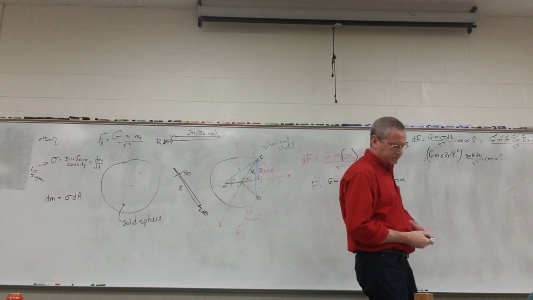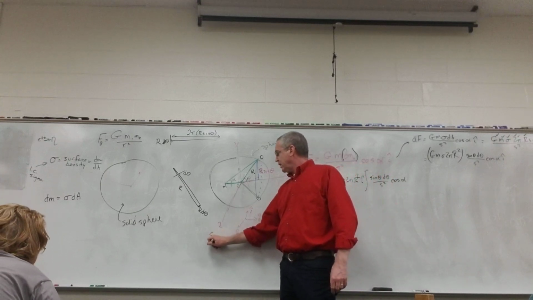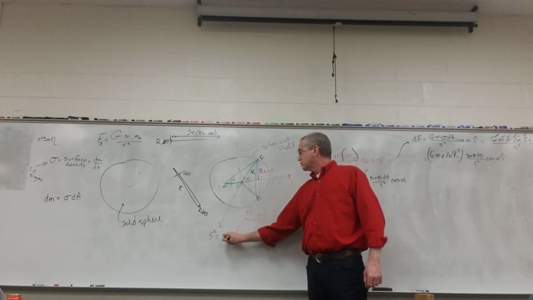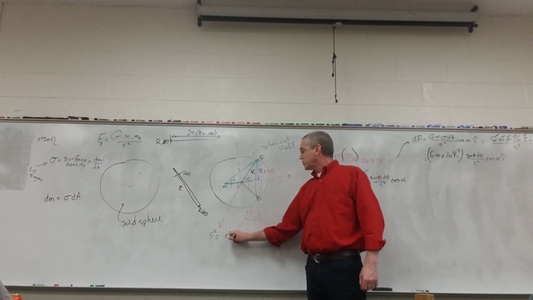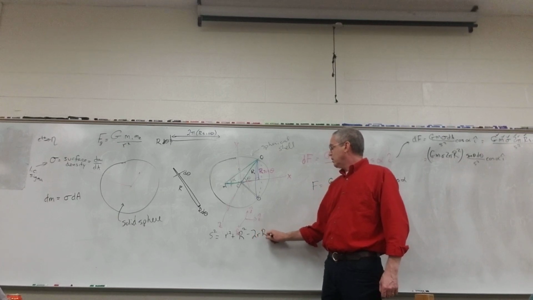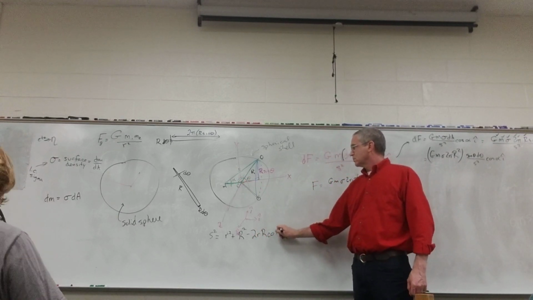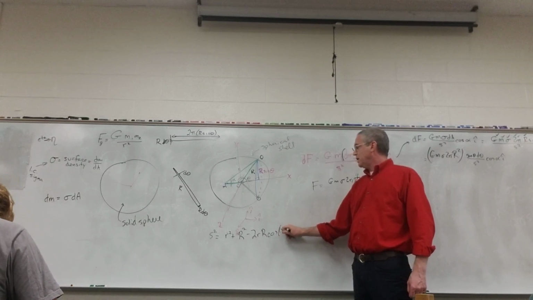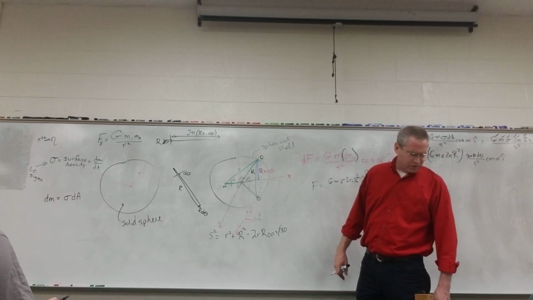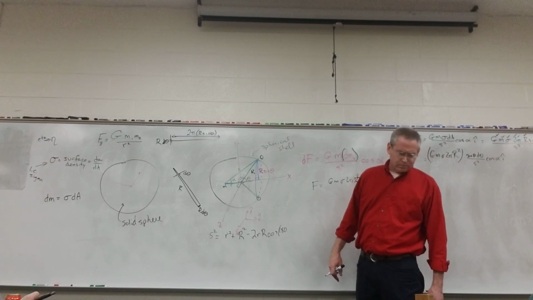Law of cosines: s squared is equal to little r squared plus big R squared minus 2 little r big R cosine of that angle right there, which is 180. I guess it doesn't matter if I'm using radians or degrees here.